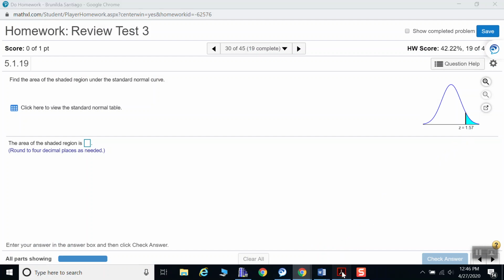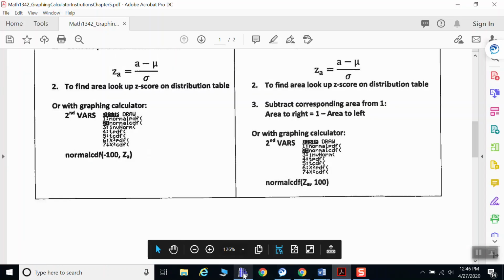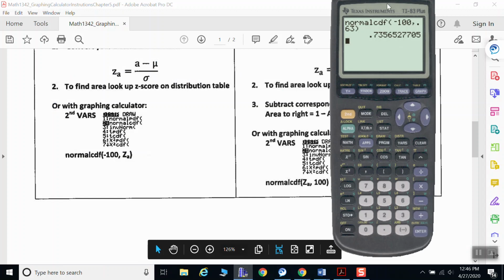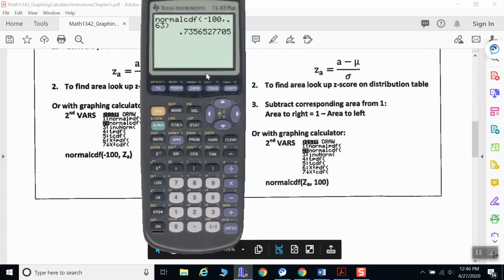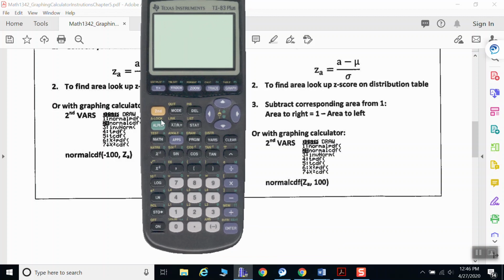So in this question that we have, it says the z of 1.57. I'll get my calculator. The first process is exactly as what we did before. It is second vars, then you go to option 2, press enter, and now we're entering 1.57, comma, 100.